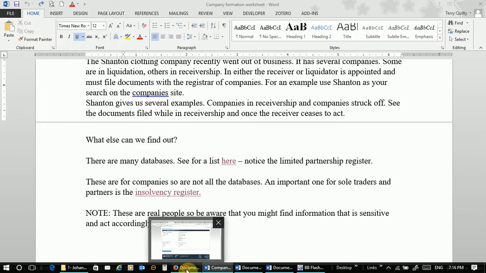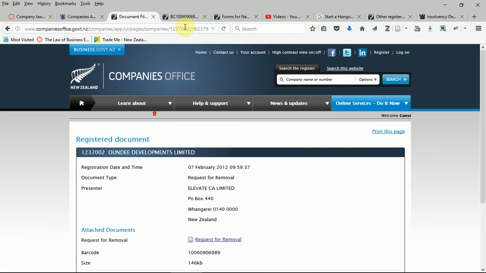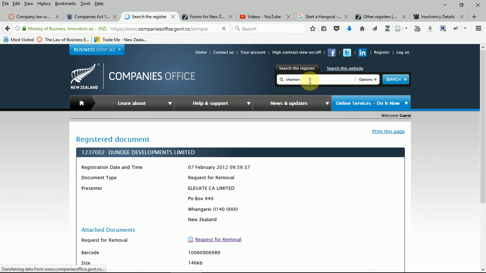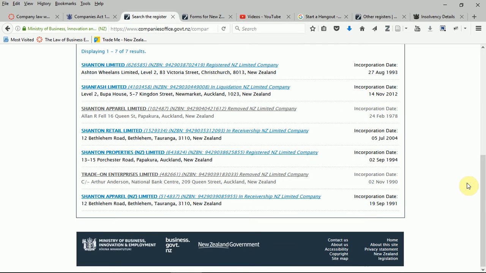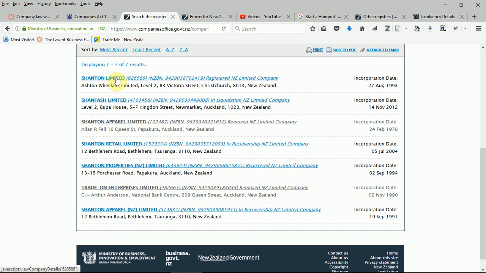So if we just go back and have a look at Shanton, just get rid of some of these things. So we'll put the Shanton group in and do a search, and lots of companies come up here. So Shanton Limited, you'll see here, is trading. It's just happily going along. It may well have been the holding company and not owed money to anyone.